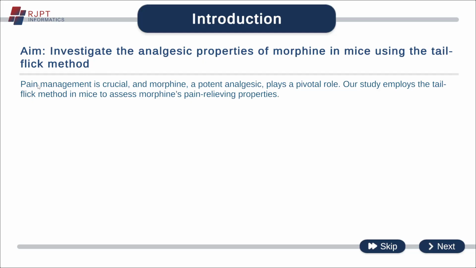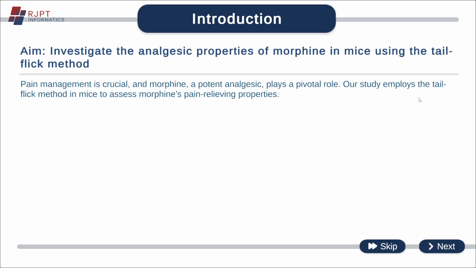At first, let us see the introduction. The introduction says pain management is crucial and morphine, a potent analgesic, plays a vital role. Our study employs the tail flick method in mice to assess morphine's pain relieving properties. So the statement says that pain management is very crucial and morphine is a potent analgesic drug that plays a vital role in pain management.